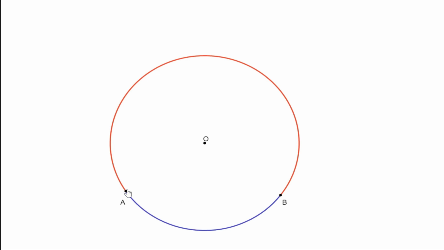When we join the ends of an arc to the center, we get an angle at the center, and this angle is called the central angle. Actually, there are 2 angles at the center when we join the ends of an arc to the center.